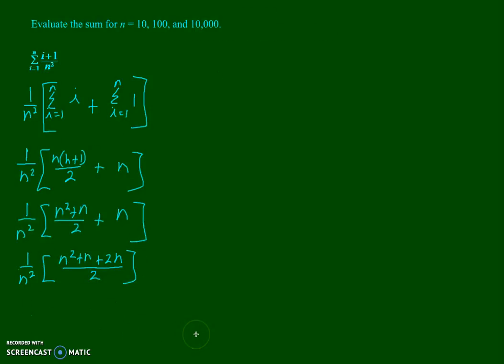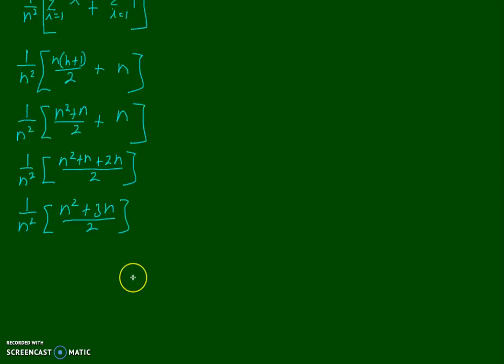Give ourselves a little space here and combine our terms. And so we have 1 over n squared times n squared plus 3n over 2. And we'll go ahead and multiply these together. And that gives us n squared plus 3n over 2n squared.